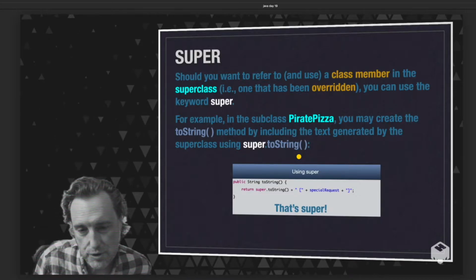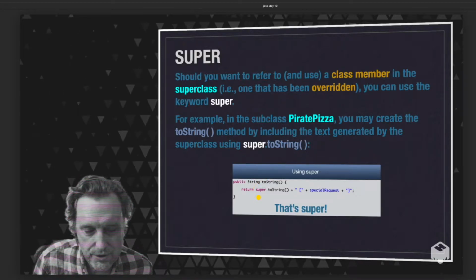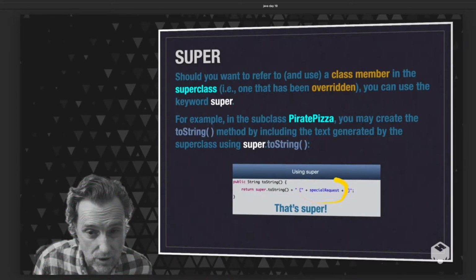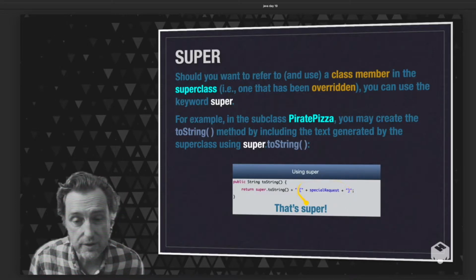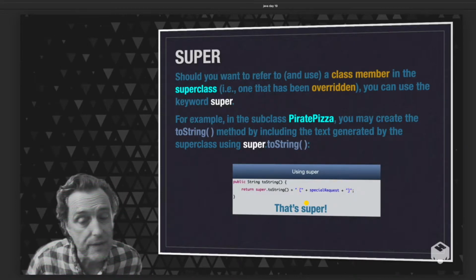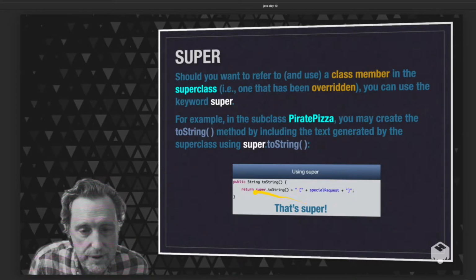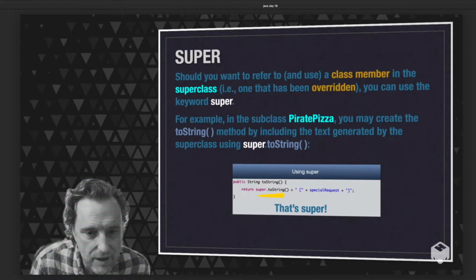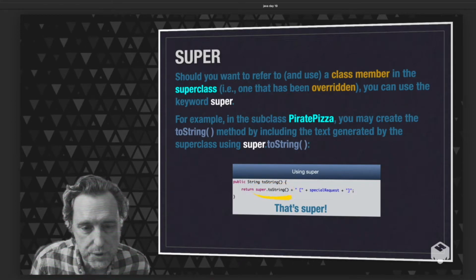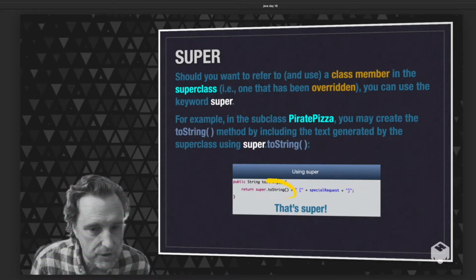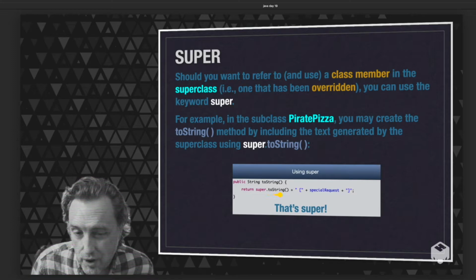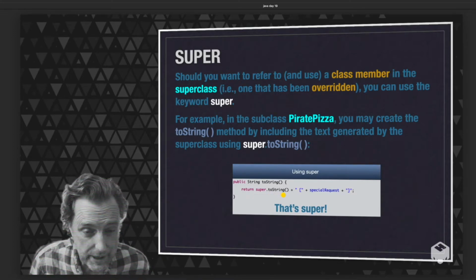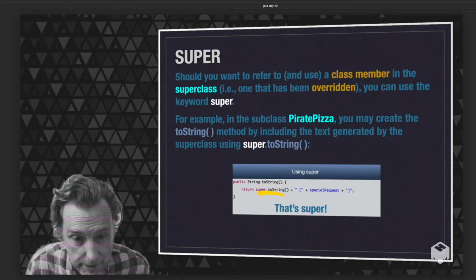So to build our new toString, if we, for instance, just wanted to add the special request so that it appeared in the JList right after the price, we could build our string up by saying, take everything that was in the toString in the superclass, so run super.toString, which will return all of the text that we already wrote and worked on formatting and tabs or whatever else we may have done in this toString.